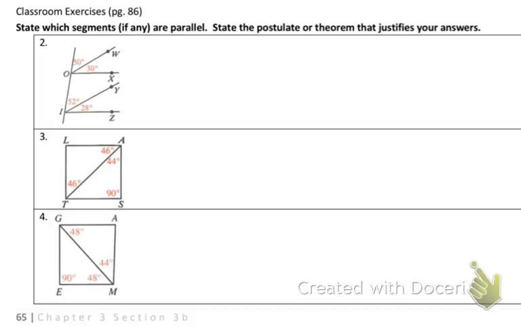No? Evan, what do you think? Corresponding? They're corresponding. So are they parallel? Yeah. But what do we do? This is 50 and this is 52. How do I know that they're parallel?